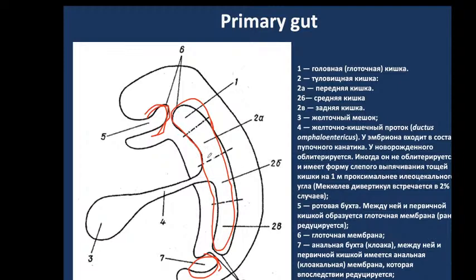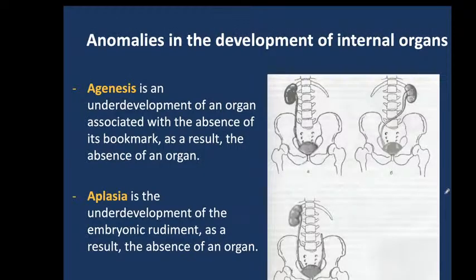And usually the primary gut is divided into 4 parts. This is a head part, this is a trunk part, the anterior, middle, and posterior tube of the primary gut.